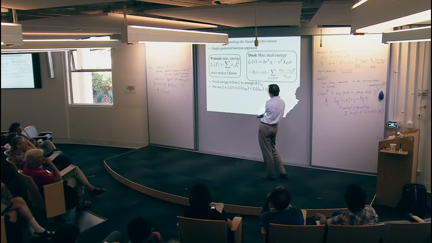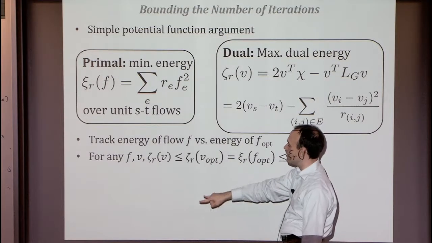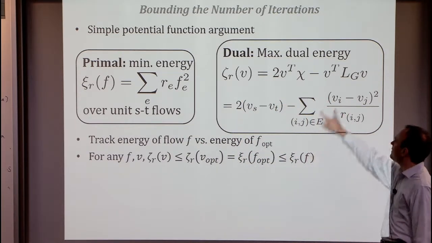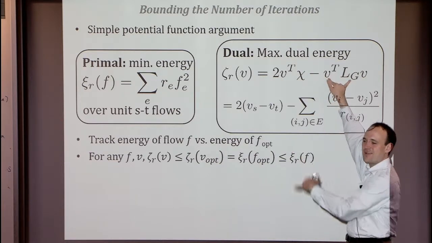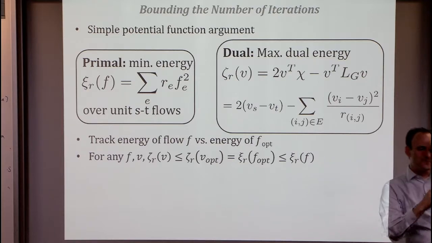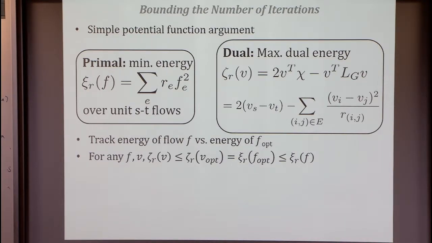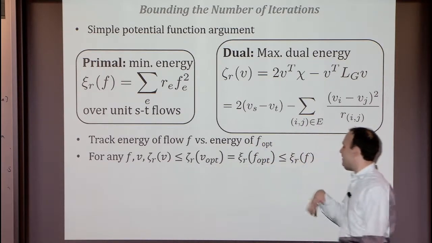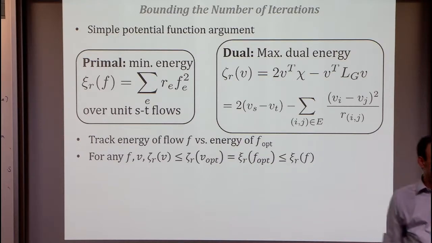So for any flow F and voltages V, we can compute an energy, or compute a dual function, which more or less is energy with the appropriate scaling. Given voltages, you get an upper bound. Given flows, you get a lower bound. They're appropriately compared: this is a lower bound, that's an upper bound. And that's all we're going to use.